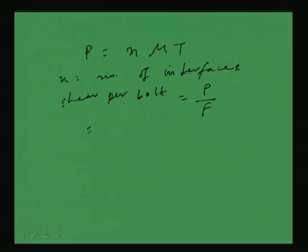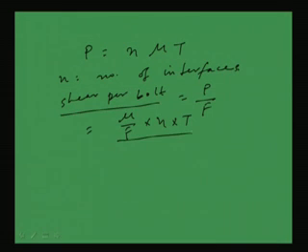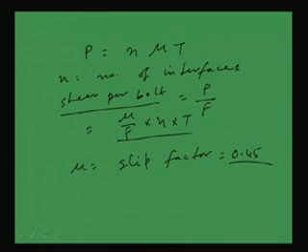So I can write this as mu by F into N into T. So shear per bolt is mu by F into N into T, where mu is generally called the coefficient of friction, which is also called the slip factor, which is taken as 0.45. In case of steel connections, we used to take slip factor as 0.45.